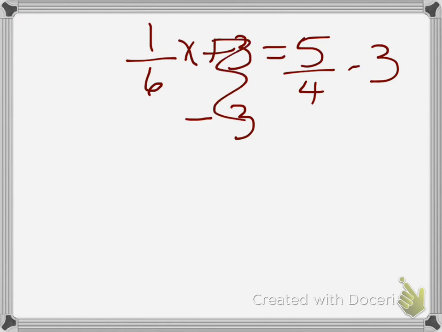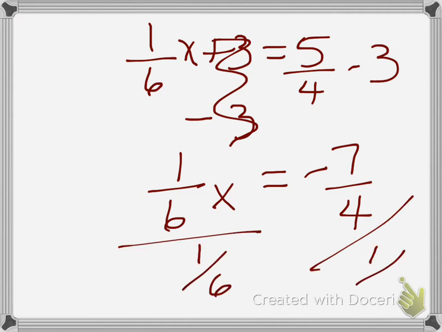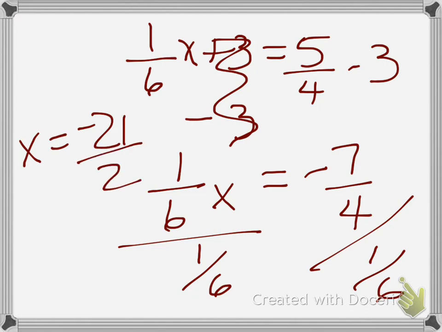That means this 3 will cancel out, and it will leave you with 1 over 6 x equals negative 7 over 4. Now this is back to a one-step equation where I will divide both sides by 1 over 6, and x will give you negative 21 over 2.